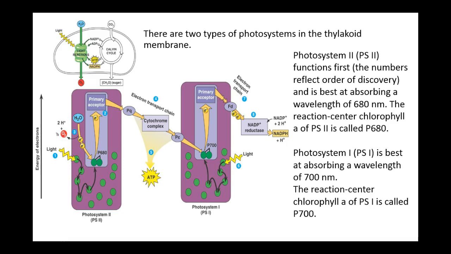That also excites that electron, which is picked up by a primary acceptor, and it also moves down an electron transport chain with the help of this iron type product, which just went out of my head, ferredoxin.